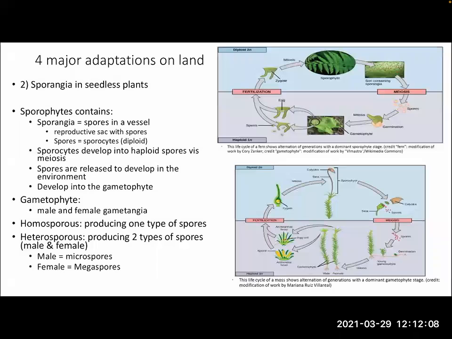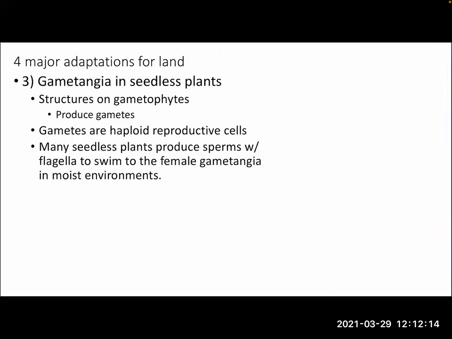So ferns and mosses and bryophytes and lycophytes, all of those plants are seedless individuals, and they have the gametangia, and those gametangia are what produce the gametes, the male and the female reproductive structures that we were talking about in the previous slide. And so again, the gametes, like when we were talking in the meiosis lecture, are those haploid reproductive cells. Okay?